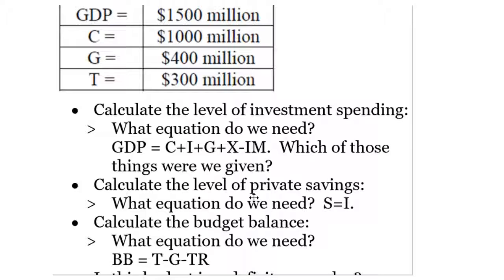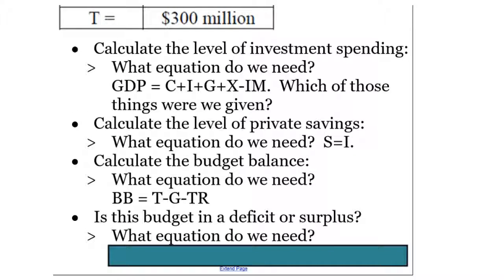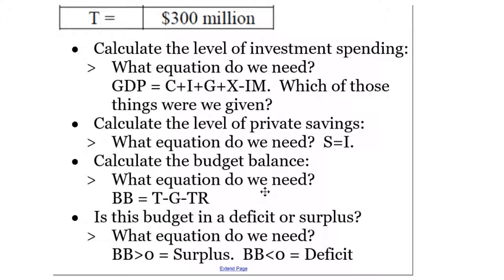So taxes, 300 million, minus government spending, 400 million, equals negative $100 million. So if we have a budget balance as a negative, is it a deficit or a surplus? It's a deficit, and the equation that we'll use is if budget balance is greater than 0, we have a surplus. If budget balance is less than 0, and in this case, negative $100 million is less than 0, we have a deficit.